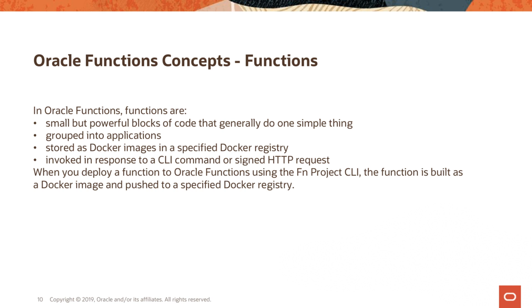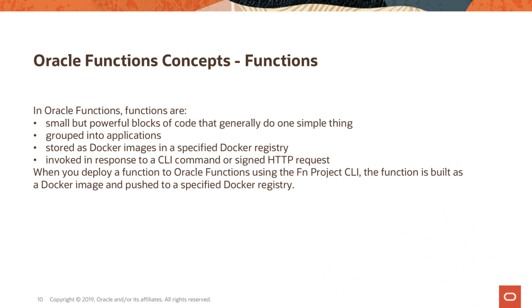These blocks of code that you write generally do one simple thing very well, and are typically designed to be more microservices oriented, not part of a monolith. So do one thing, do it well, and do one simple thing.